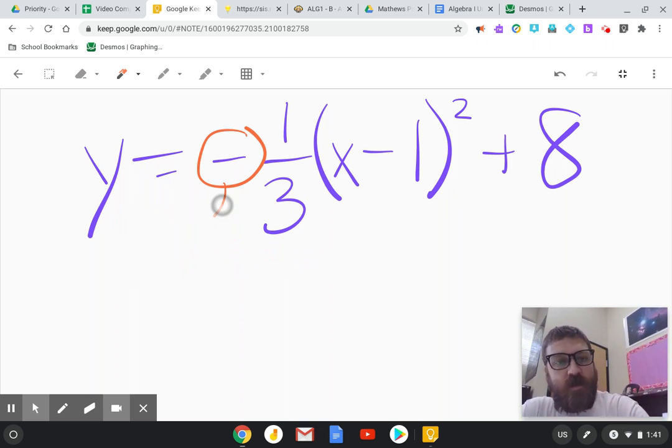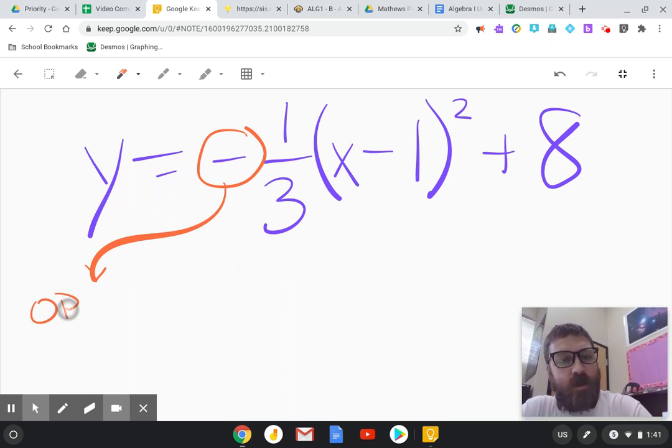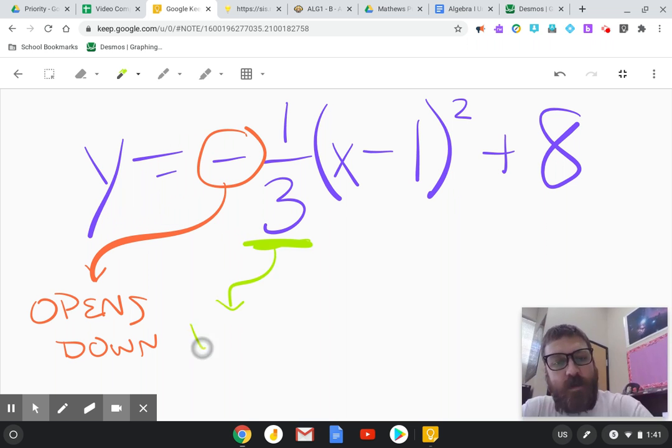First of all, this tells me that the graph opens down. This number, being less than 1, tells me that the graph is going to be wide or wider than the original graph.